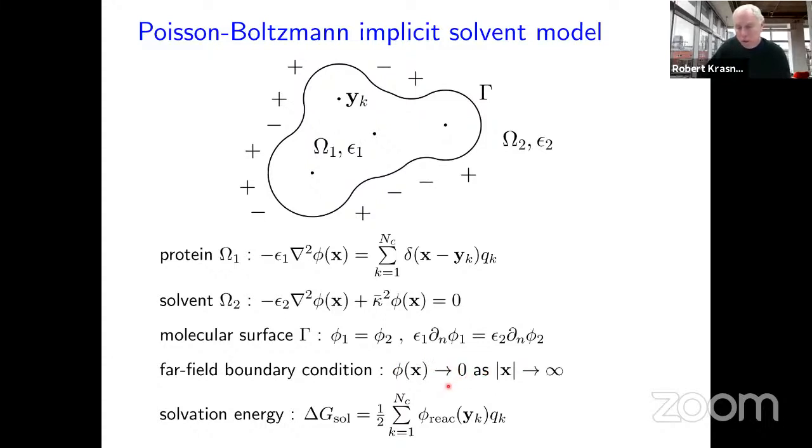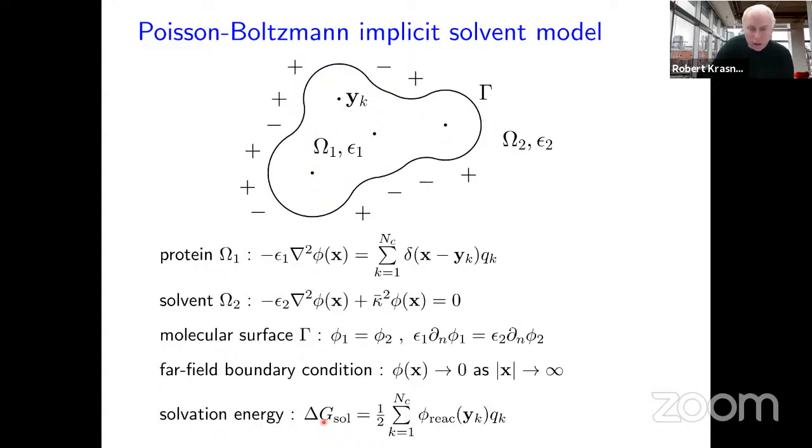And once we've computed the potential, the surface potential in particular, we can calculate the solvation energy. So we have to evaluate this term. The reaction potential is the difference between the potential that we're computing and the Coulomb potential just of the discrete charges. And so this is one of the central quantities that the biochemists in particular are interested in, of course.